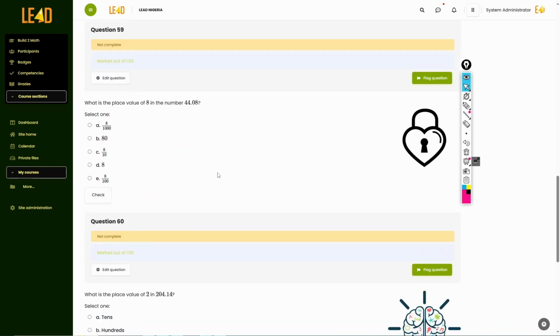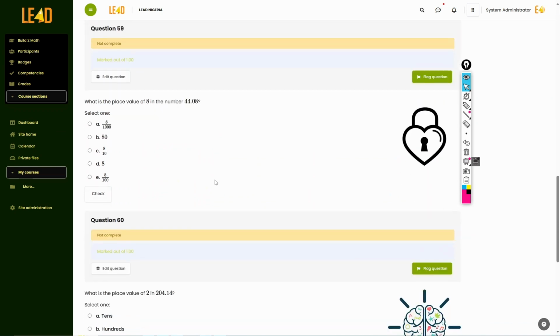59. What is the place value of 8 in 44.08? Okay, so I think the question is actually asking for the value of 8, because you can see what the options are like. But I'll just write out the value of all of the digits.